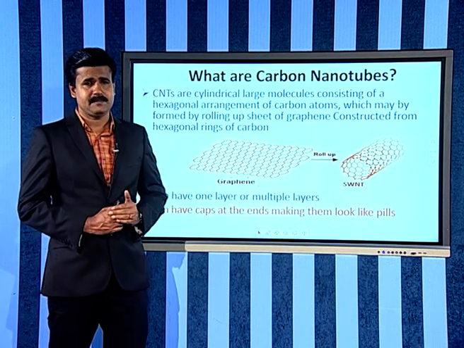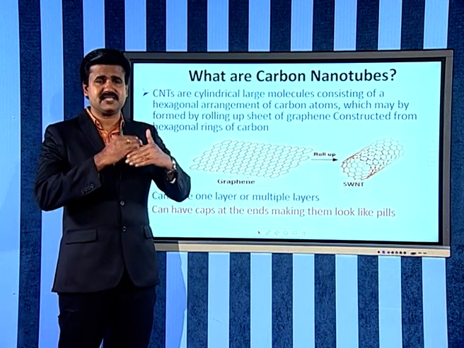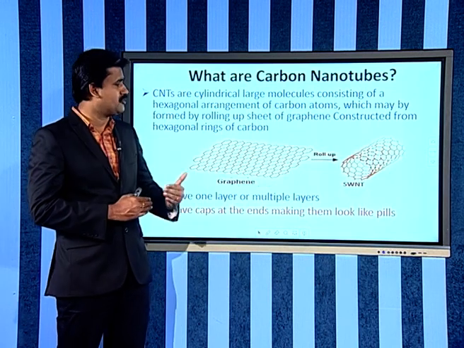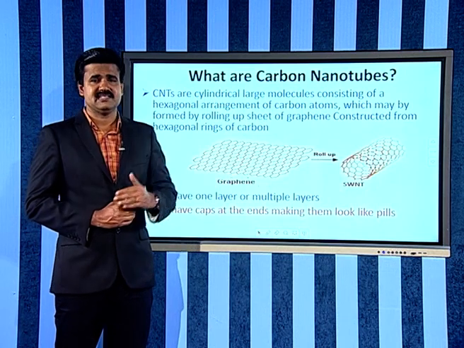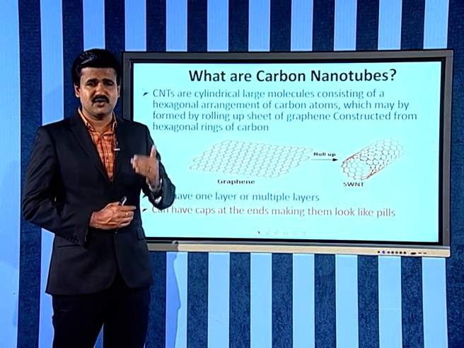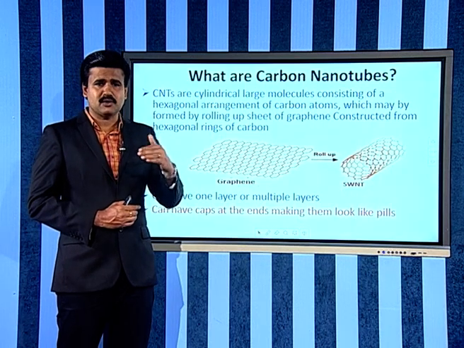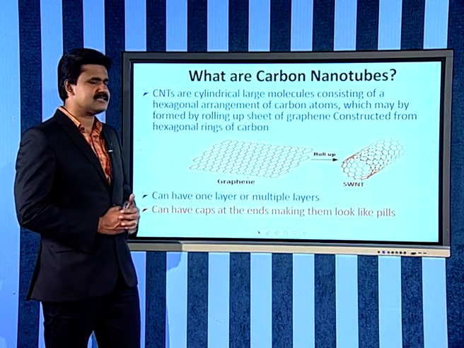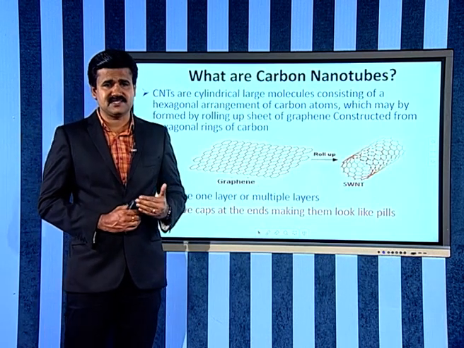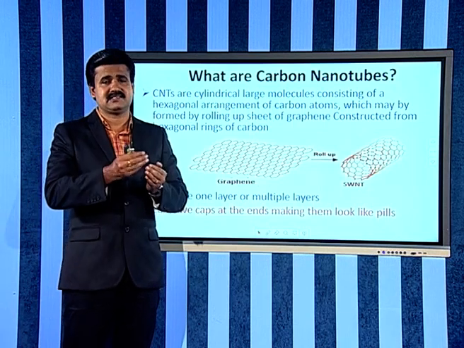Here you can see a graphene sheet, and rolling of the graphene sheet in a particular pattern implies the formation of a carbon nanotube. SWNT simply designates single-walled carbon nanotube. They can have one layer or multiple layers in this arrangement, and these CNTs can have caps at the ends, making them look like pills.